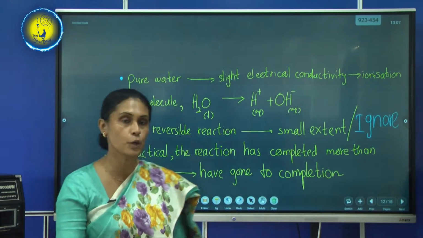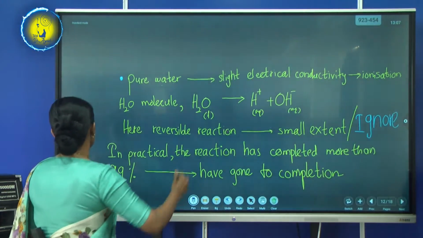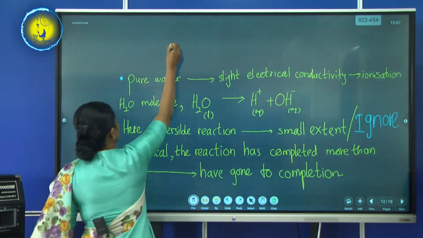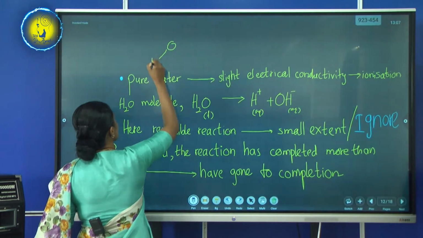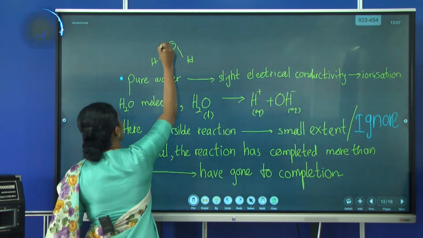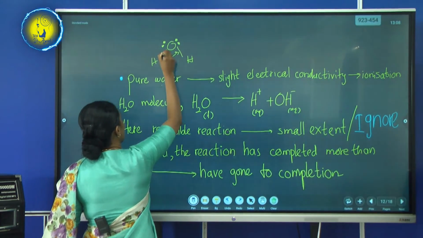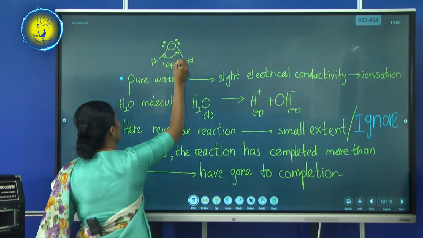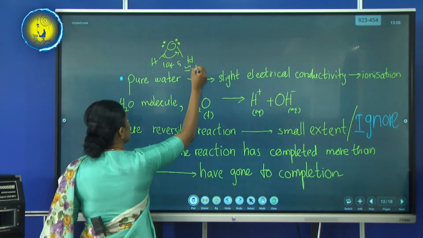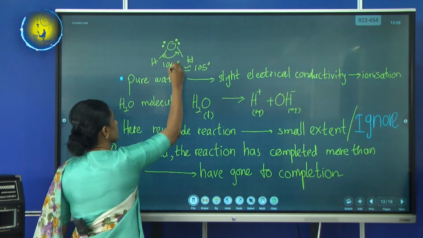My dear children, pure water, I hope you can remember the shape of water. This is oxygen, this is hydrogen. There are two lone pairs. So the bonding angle is 104.5, or we are assuming 105 degrees.